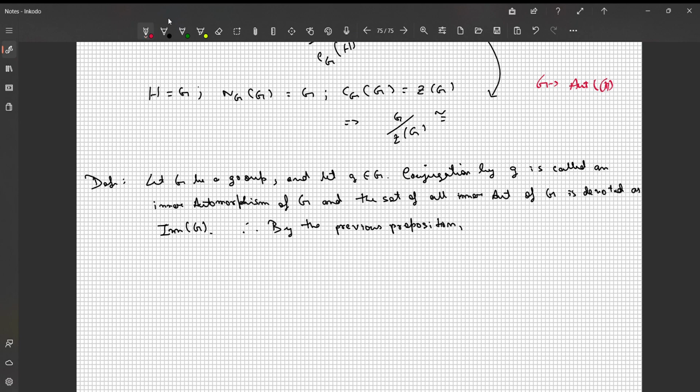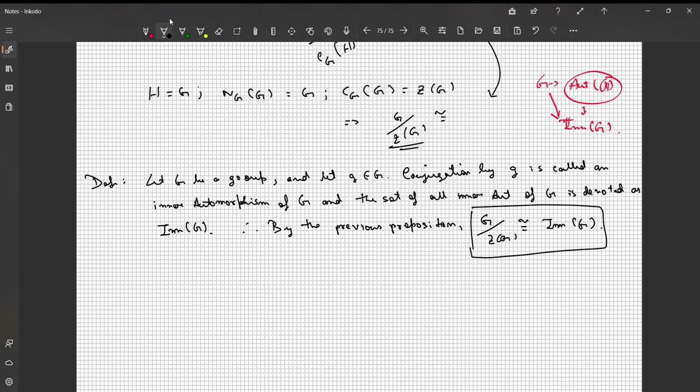But if you just consider the automorphisms inside the inner automorphism set, then this becomes an onto mapping by definition of the action of conjugacy. So by the previous proposition, G mod Z(G) is isomorphic to the inner automorphisms of G. And this is very important to know. Clear?